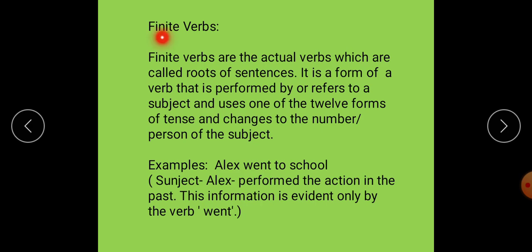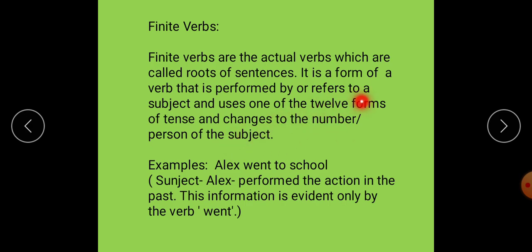First of all, infinitive verbs. Infinitive verbs are the actual verbs which are called roots of sentences. It is a form of a verb that is performed by or refers to a subject and uses one of the 12 forms of tense and changes to the number and person of the subject.